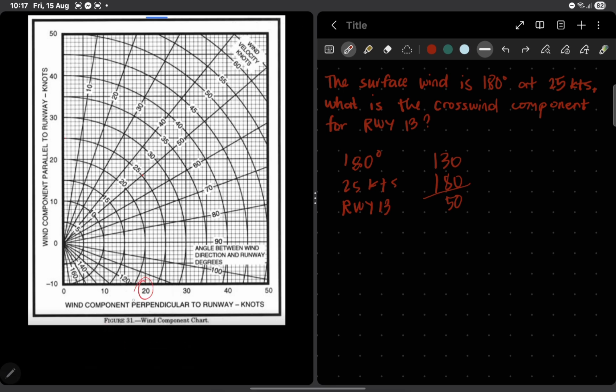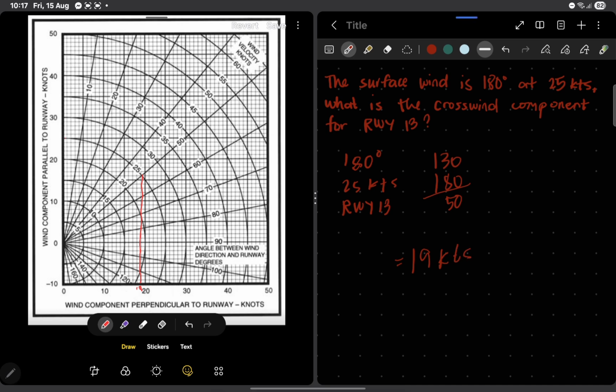Now you're looking for your crosswind component, so you align that to the bottom and see which indication it is. Since you have 0, 10, and this is 20, each increment is 1. So this will be 19. Your answer for this will be 19 knots.